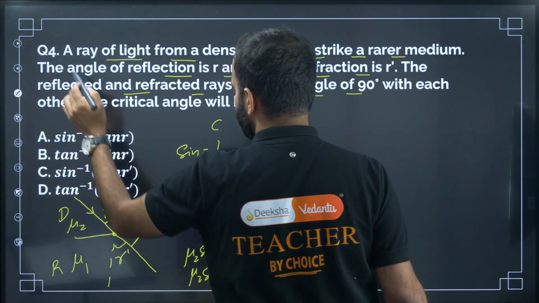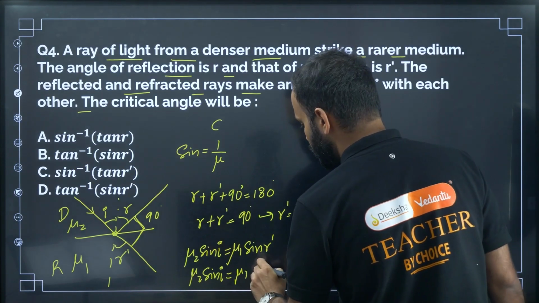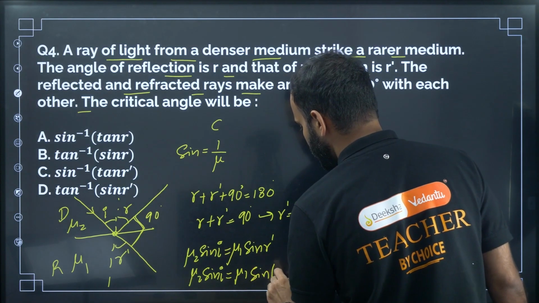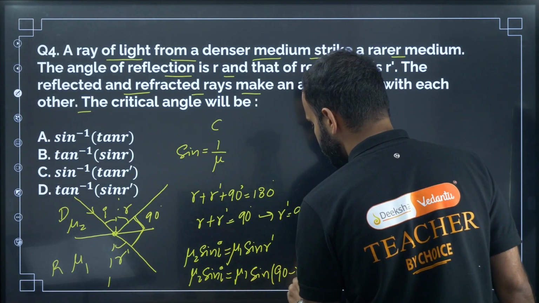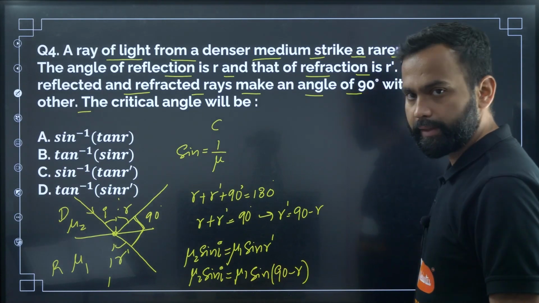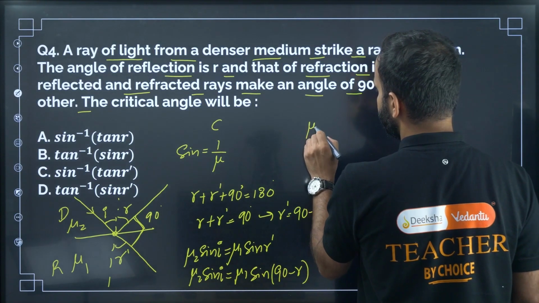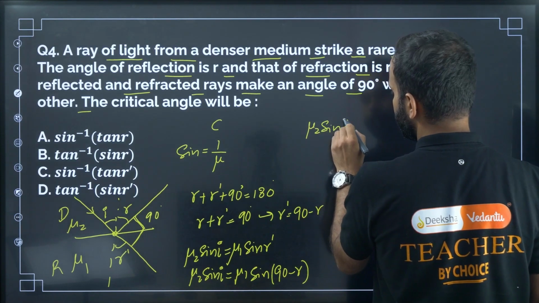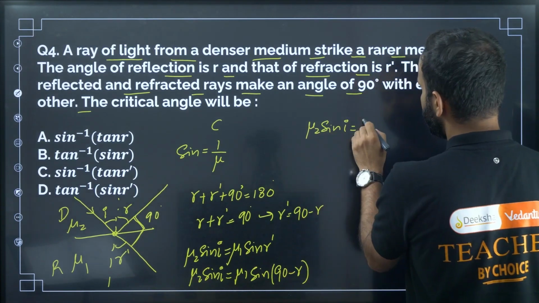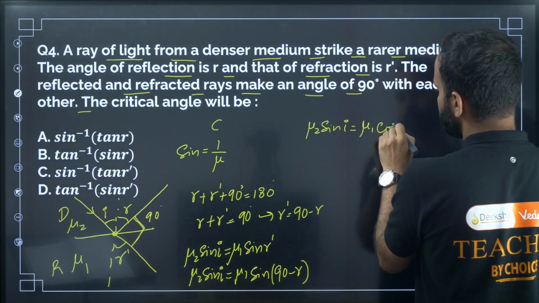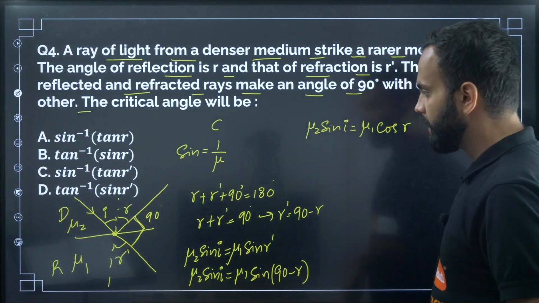But let's keep it as mu 1 only. So mu 1 into sine of 90 minus r. So now mu 2 into sin i is equal to mu 1 into cos r, right?